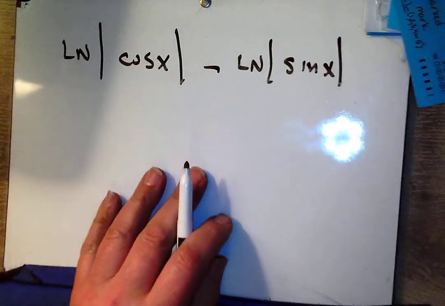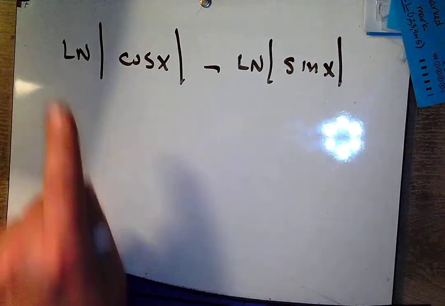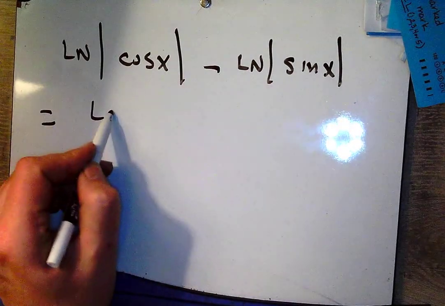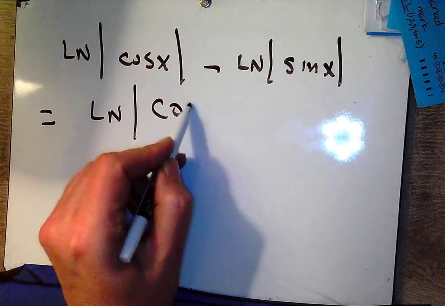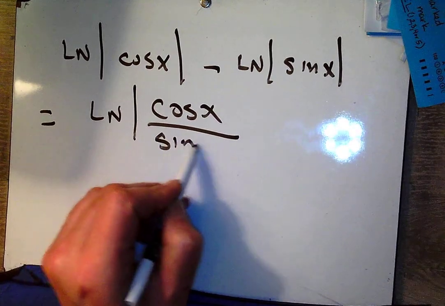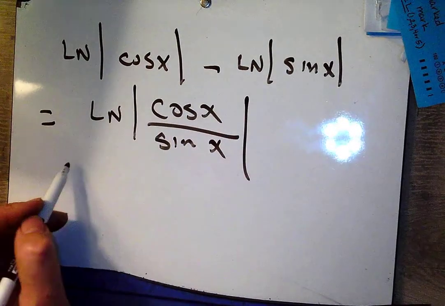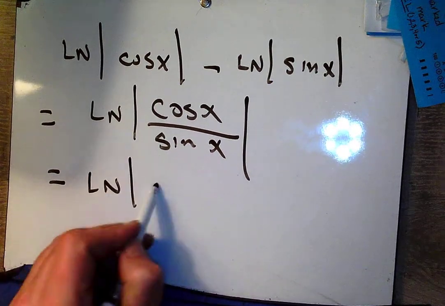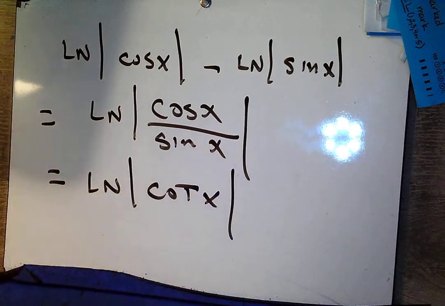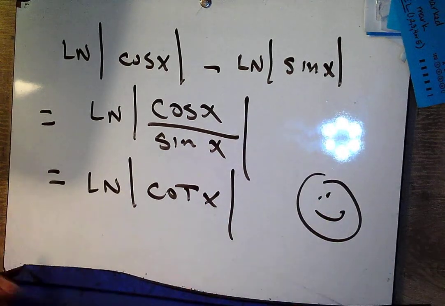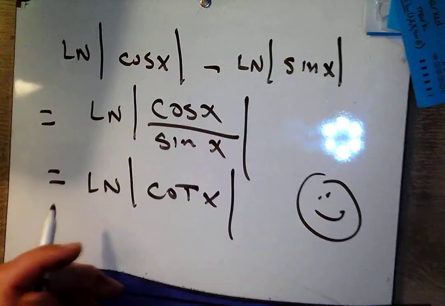So, use your log properties. Two logs joined with subtraction can be rewritten as one log with division. Cosine over sine, cotangent. There you go. Done. That's all we have to do. Just use our log properties.